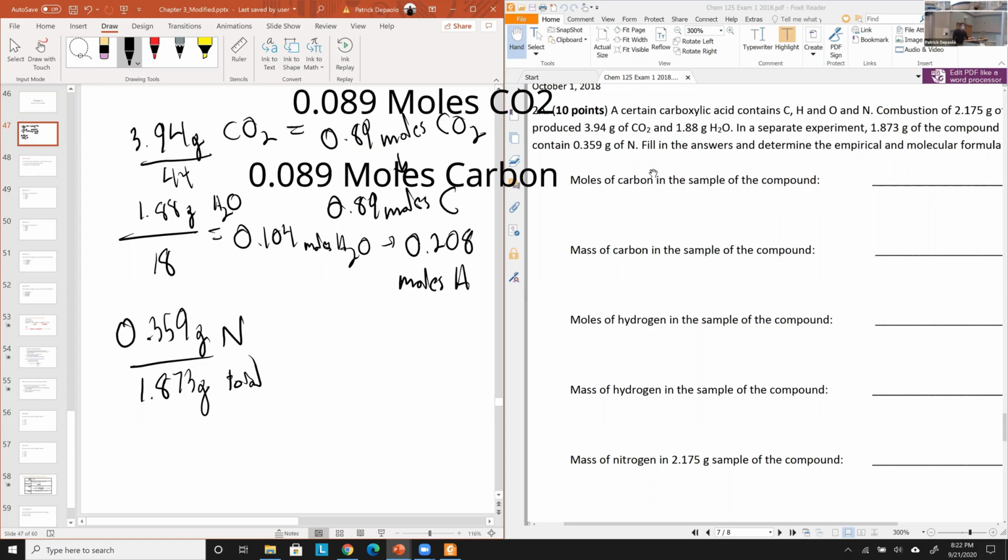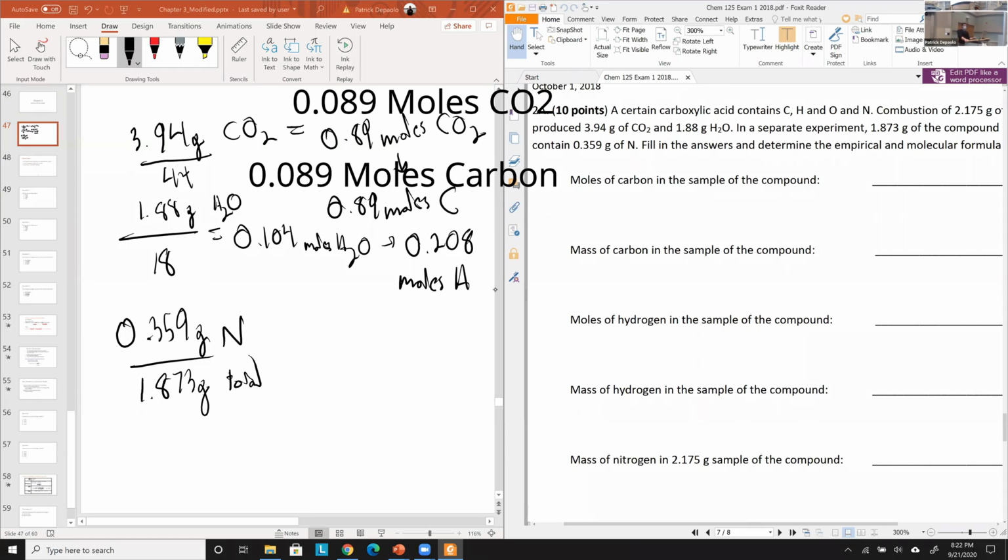So you see moles of carbon in the sample compound, 0.89. Mass of carbon in the sample compound: multiply 0.89 by 12.01. You get the mass in grams of carbon. Moles of hydrogen in the sample: we look at the water component of the combustion products, and we get 0.208.